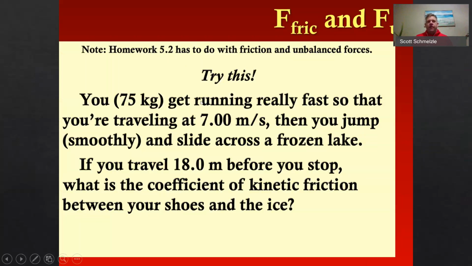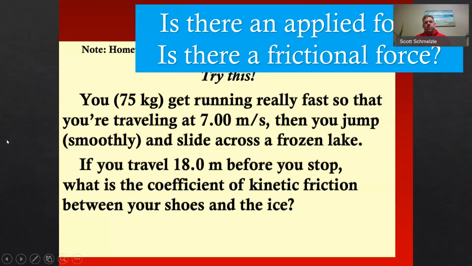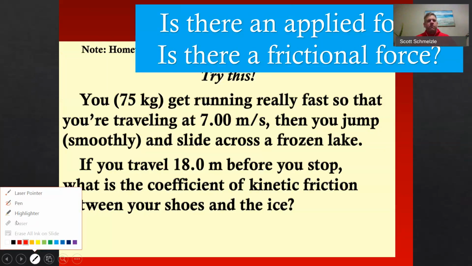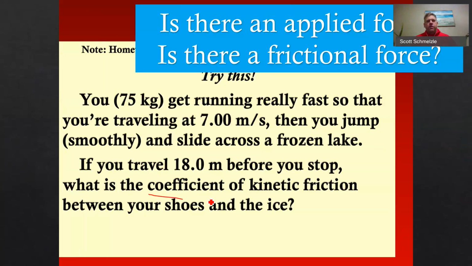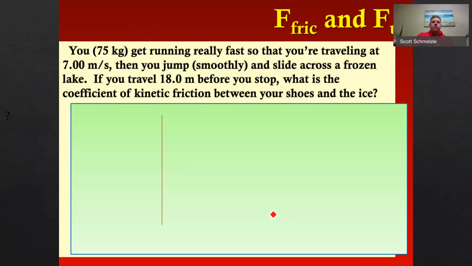All right. First and foremost, the big thing we want to know is these two preliminary questions: is there an applied force, and is there a frictional force? For us, the second question is always true, because we are looking for the coefficient of kinetic friction, so we know there has to be a frictional force. So go small.